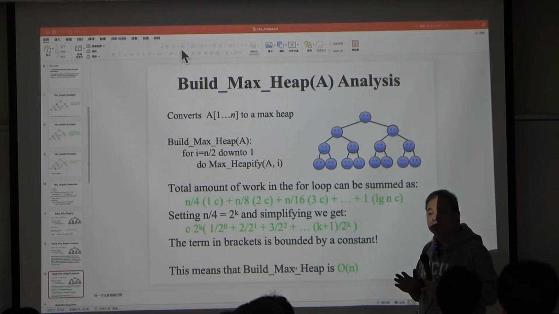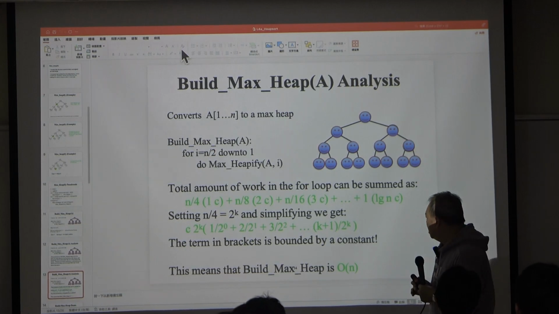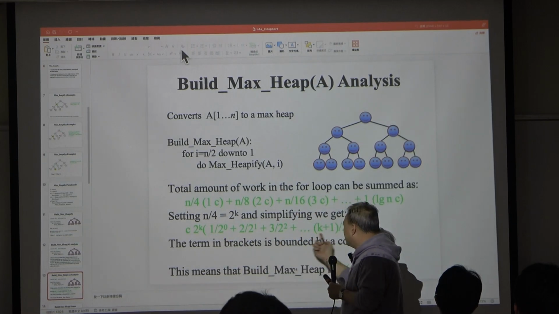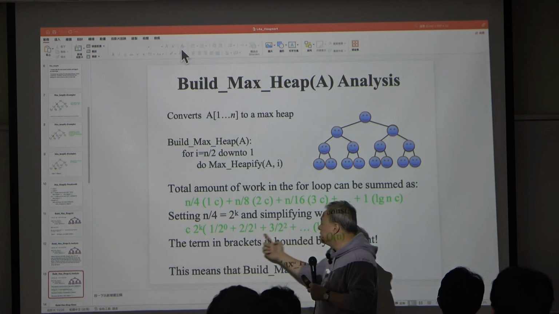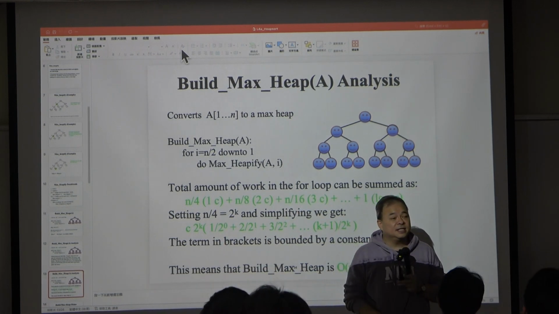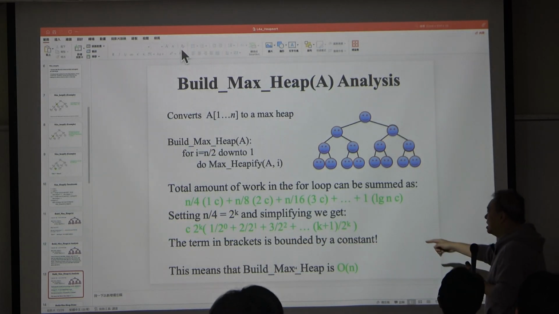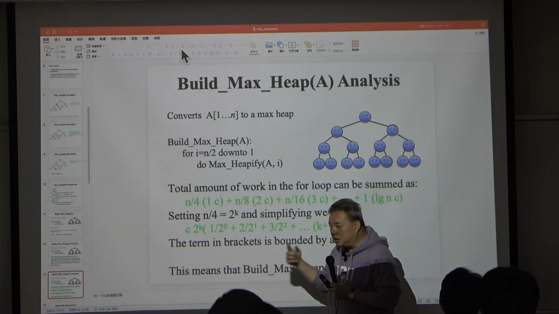Is it good? This term, this one, is actually bounded by a constant. Can you tell that? 你能够知道说这个东西是被常数给绑得住吗？Take a closer look.